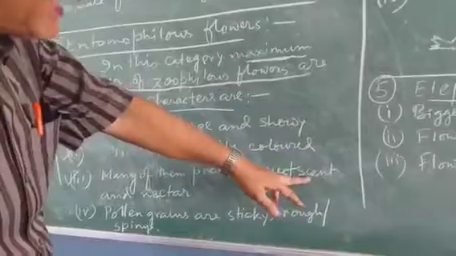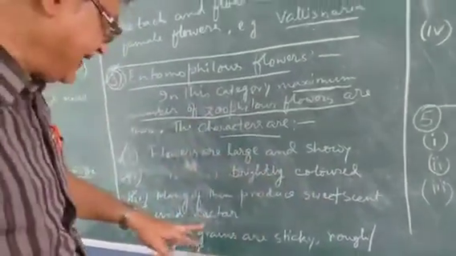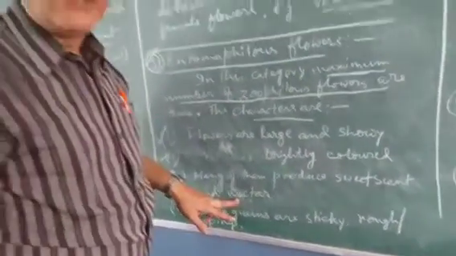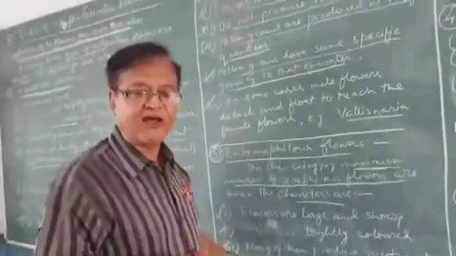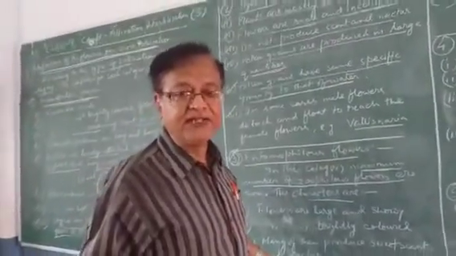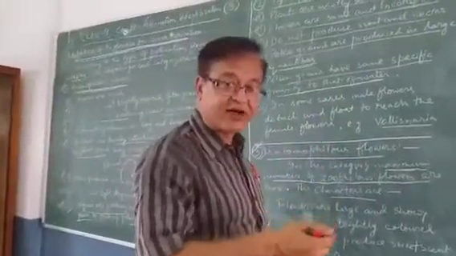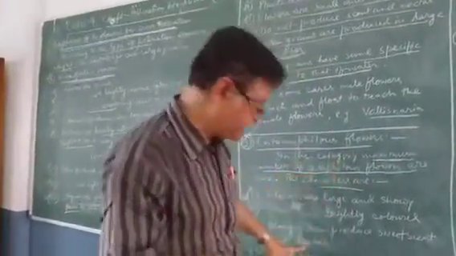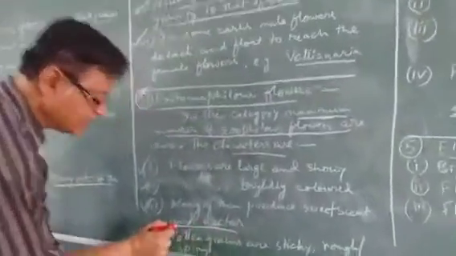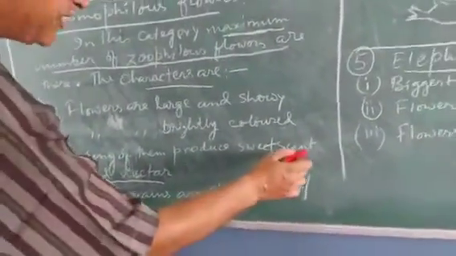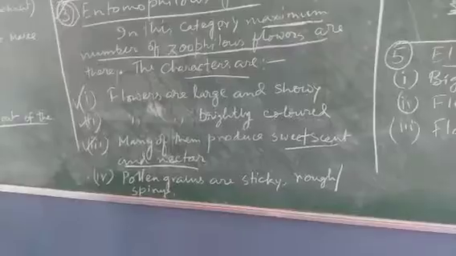This scent attracts the insects and nectar is food for them. If they are attracted, they come to the flower. If they do not get food, then they will not turn up in large numbers. So they need to be attracted, need to be given food. So nectar is a sweet juice produced by plants, and sweet scent is attracting insects.